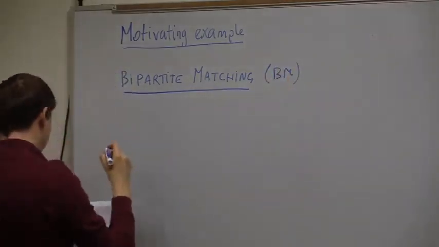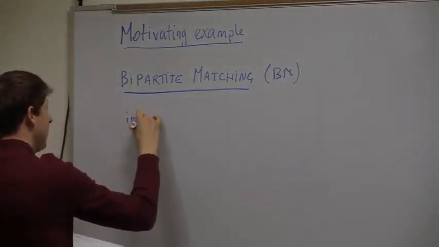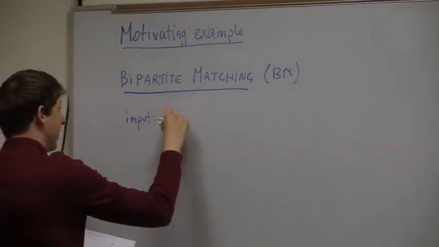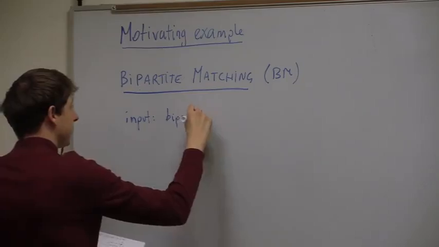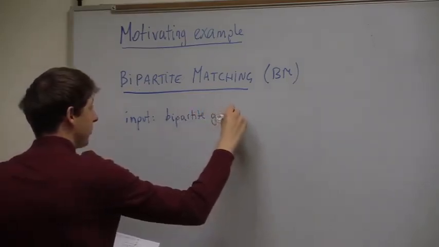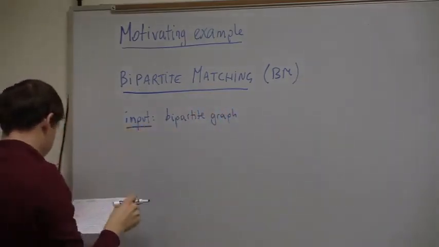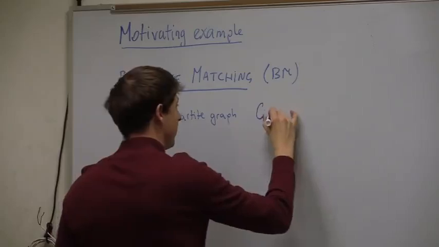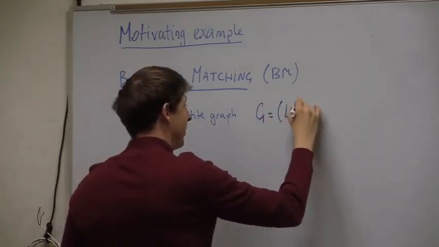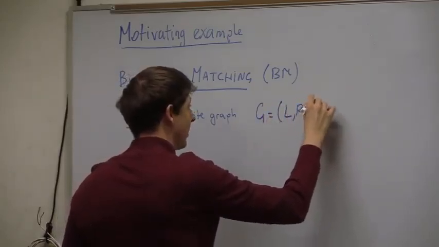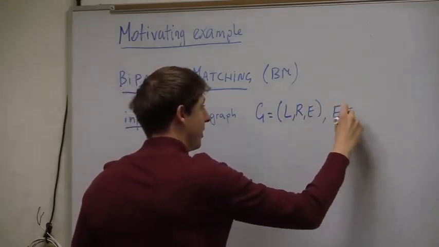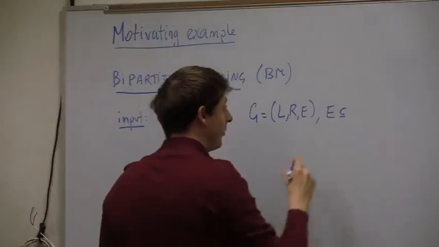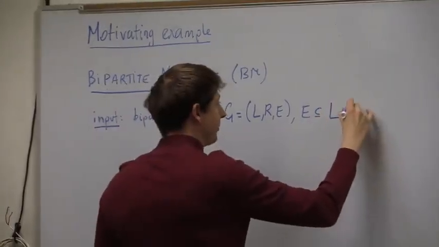So specifically, we're given as input a bipartite graph. So what is a bipartite graph? It's a graph with 2 parts. So specifically it has left vertices, right vertices, and an edge set. Okay, and the edge set is only between left and right.